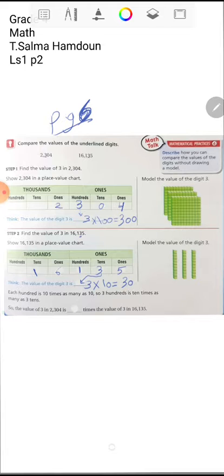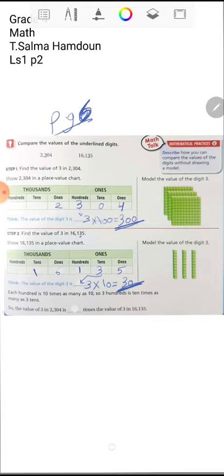If two digits have the same number but in different positions, I have to find the place value of each one, and then compare the numbers. Which one is greater? I think 300 is greater than 30.